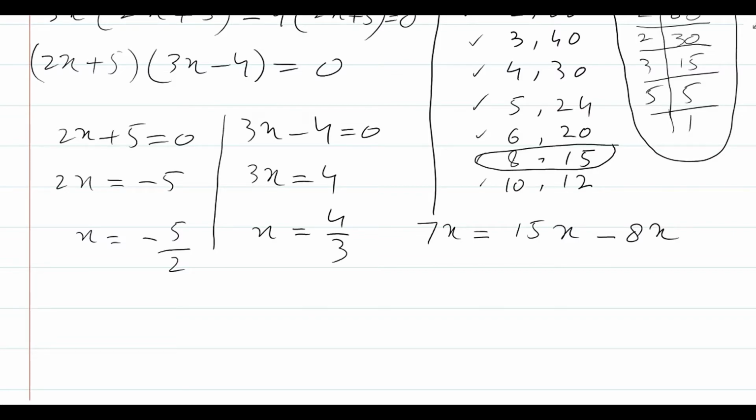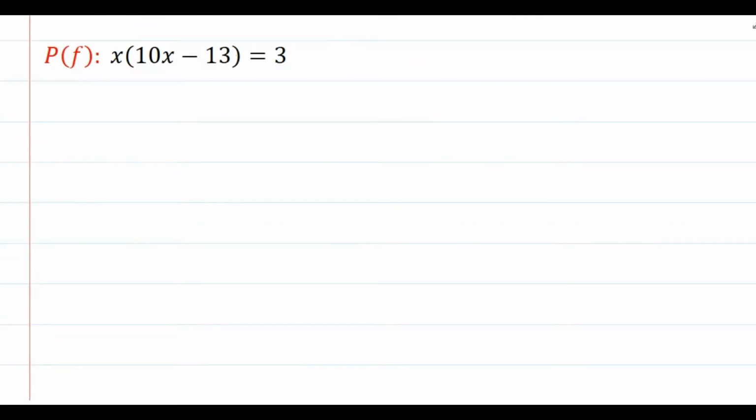Now we will proceed with part F. Students will solve this question by multiplying x with 10x. You will get 10x square, and then x with minus 13, you will get minus 13x, and you are left with 3 on the right side.